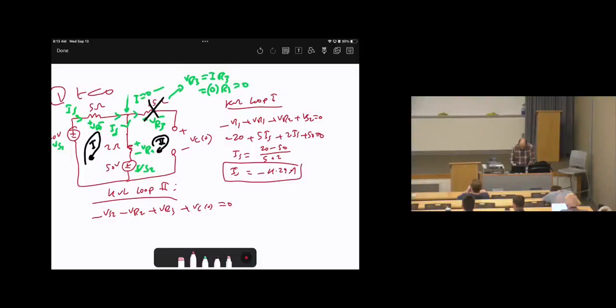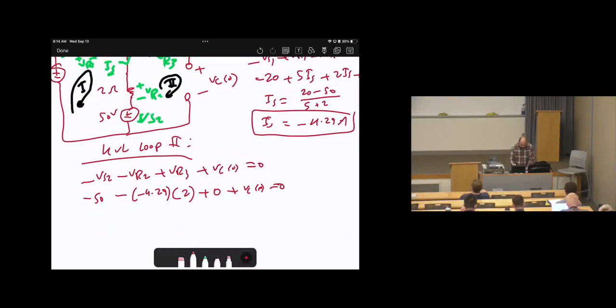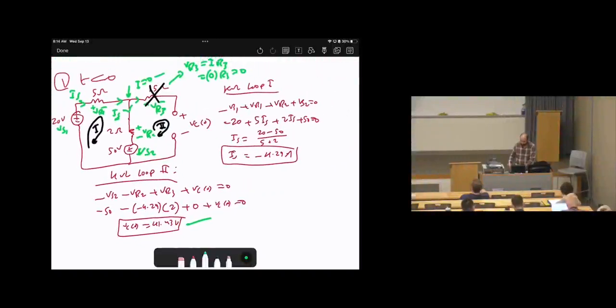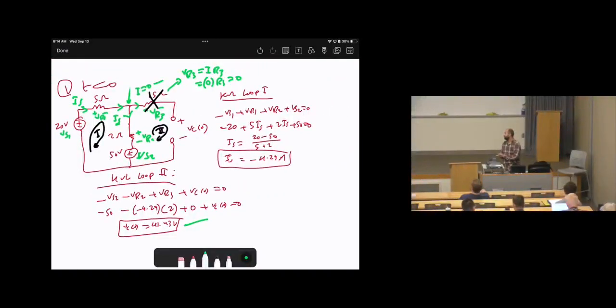Now substitute the values: VS2, which is negative 50, VR2, which is 2 times I source, we calculated I source as negative 4.29, times R, which is 2, plus VR3, we already said it is 0, plus VC of 0 equals 0. Then the only unknown is VC of 0, which will be 41.43 volts. So we just calculated the first unknown. Okay? Is this clear?